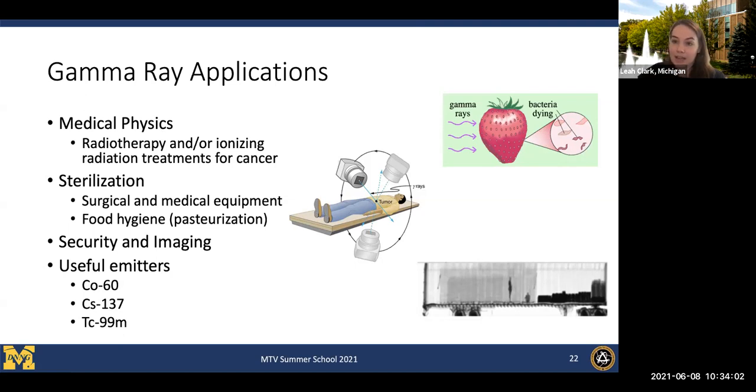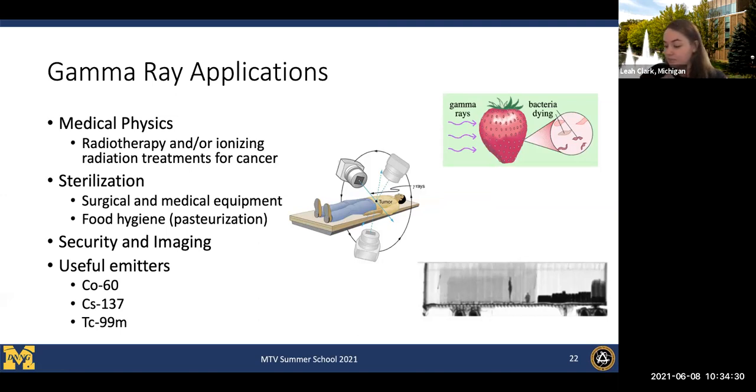We use that one a lot in our lab because we know the energy of the gamma emitted. It was actually the 662 from the previous problem, as well as the Compton edge, which was that 478 keV as well.